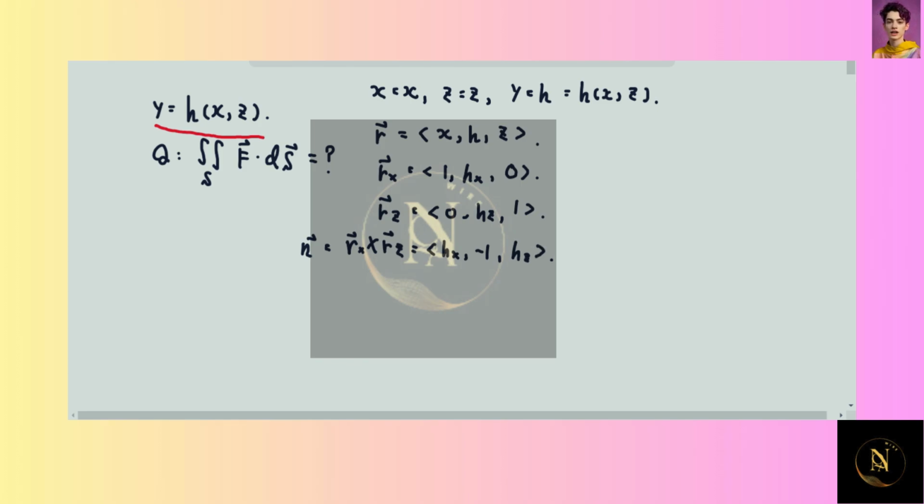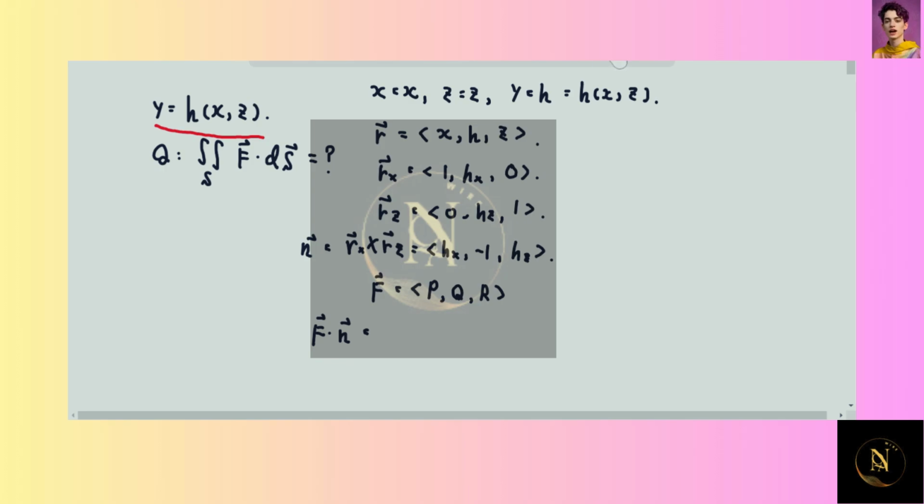Now we are going to write F as P, Q, R, and then we're going to figure out what F dot n is going to be. It's quite simple.